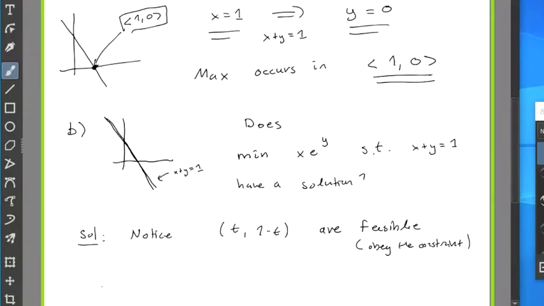Then if we evaluate f in such points, we get t times e to the 1 minus t.